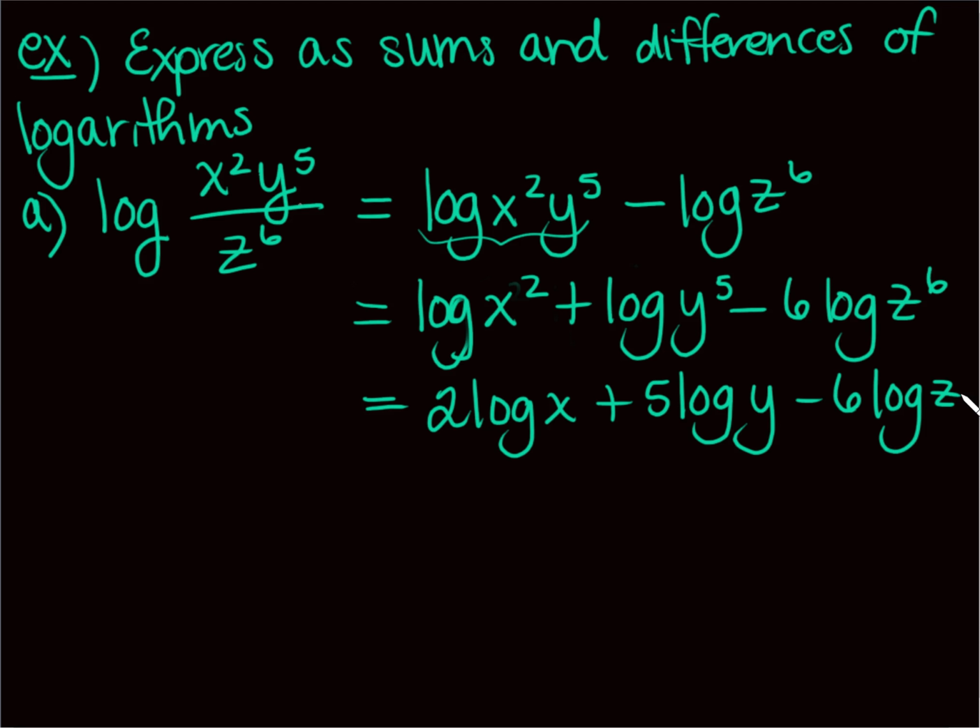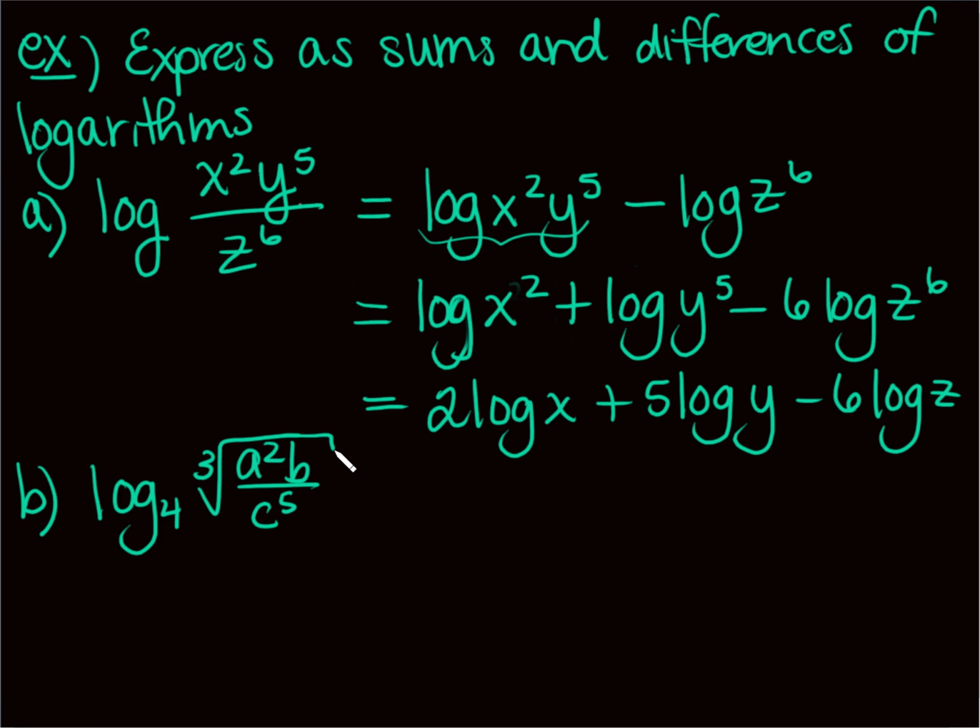Okay, I hope that kind of makes sense. What if we had something like this? Oh, this is a doozy. Log base 4 of the cube root of a squared b all over c to the fifth. That is a good one.